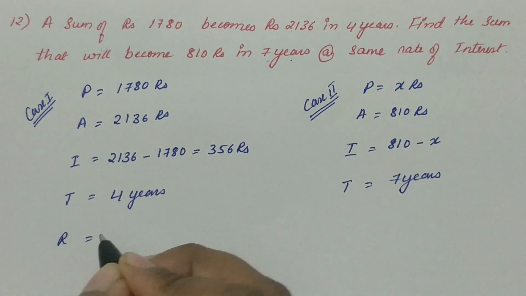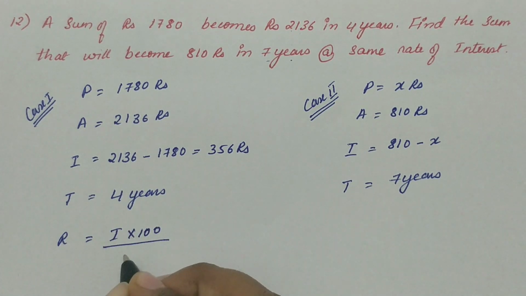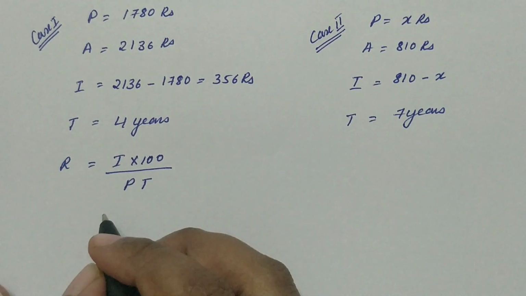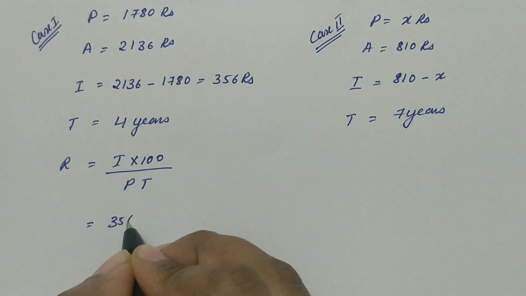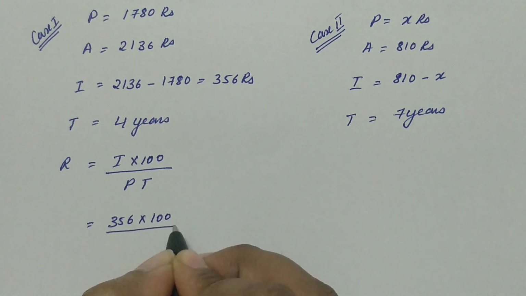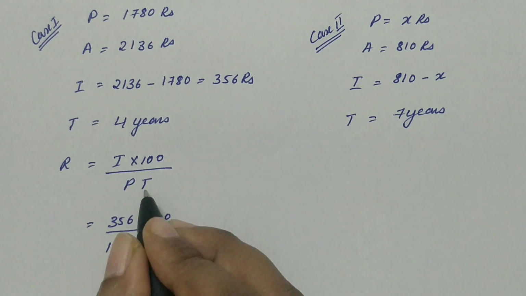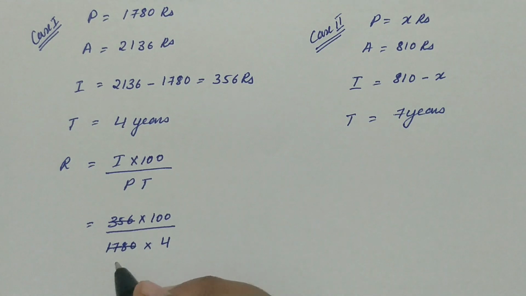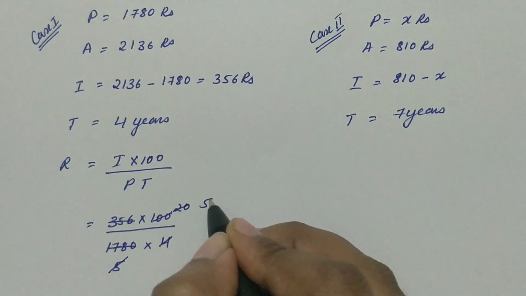Rate of interest equals I into 100 divided by PT equals 356 into 100 divided by 1780 into 4. 356 times 5, 5 times 20, 4 times 5.